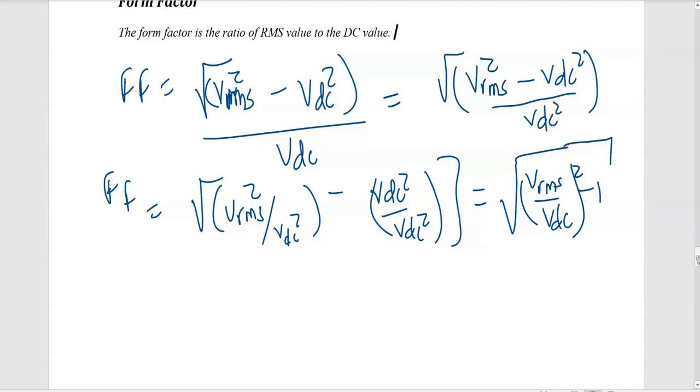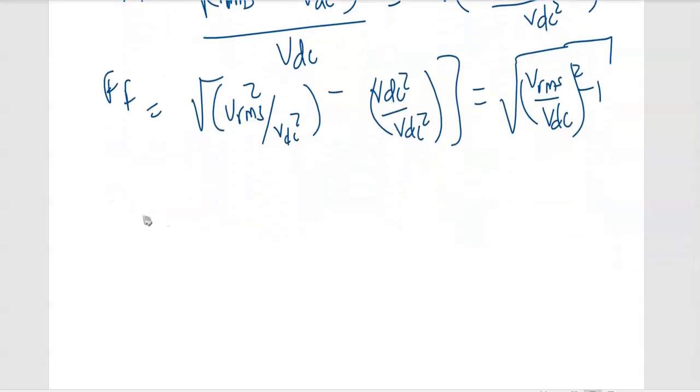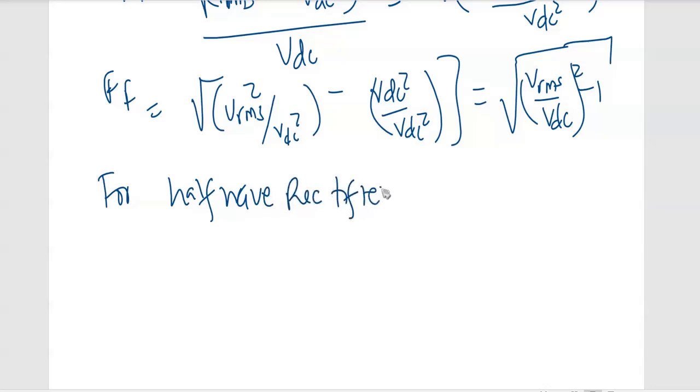So what is that going to be for a half wave rectifier? We said VRMS divided by VDC is the same as the ripple factor, which is 1.57. So we have the square root of 1.57 squared minus 1.